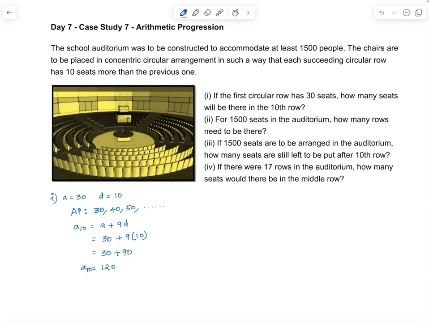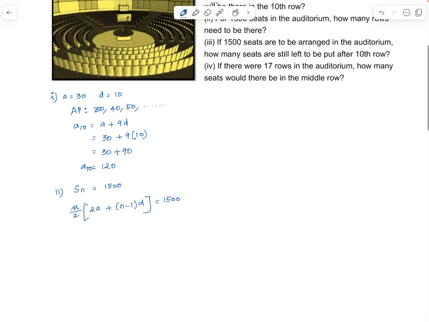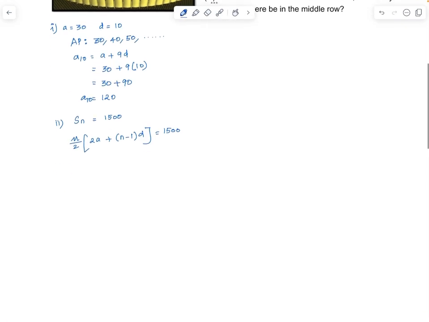Question 2. For 1500 seats in the auditorium, how many rows need to be there? Total seats in the auditorium is 1500. Sn is n by 2 times 2a plus n minus 1 times d, which is 1500. N is what we have to figure out.